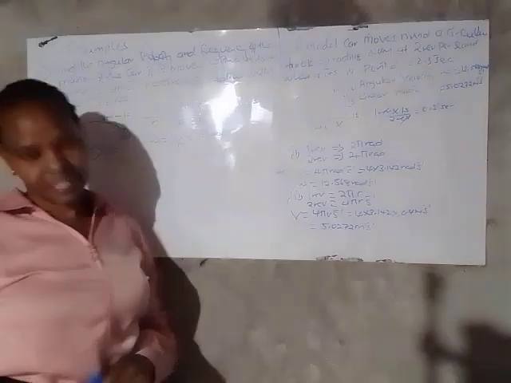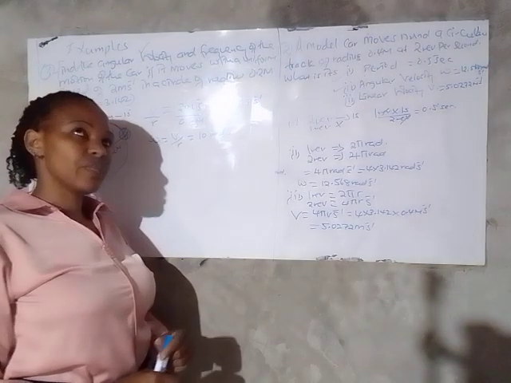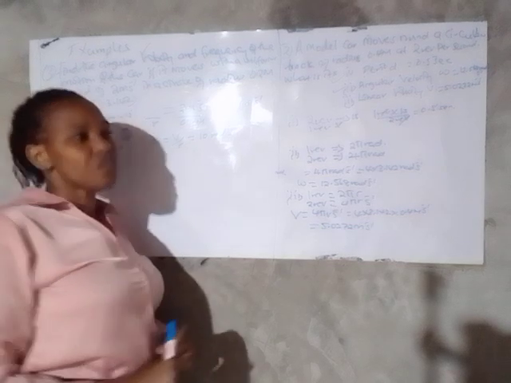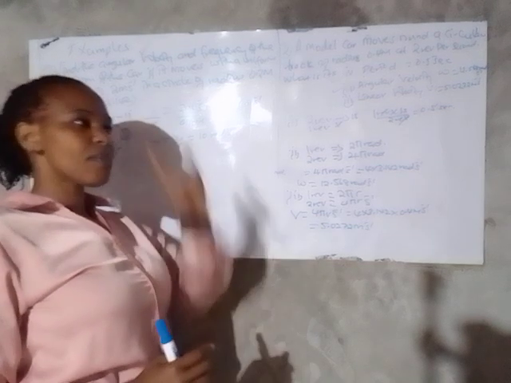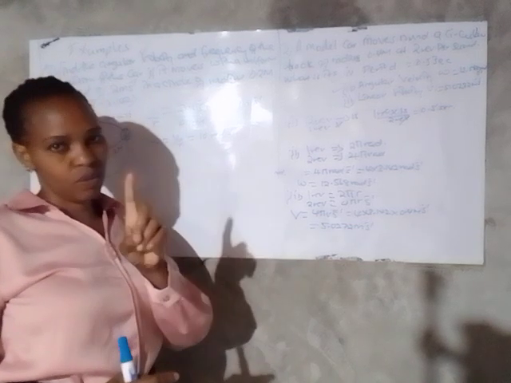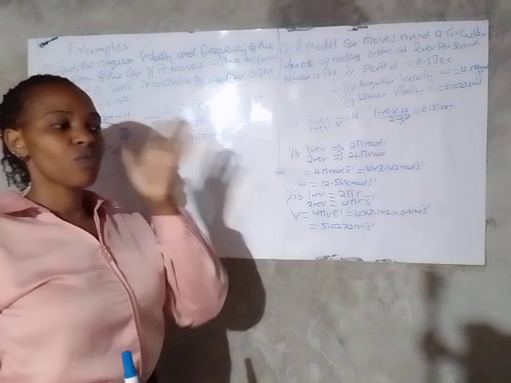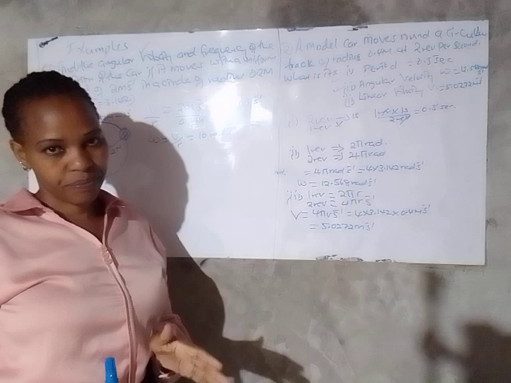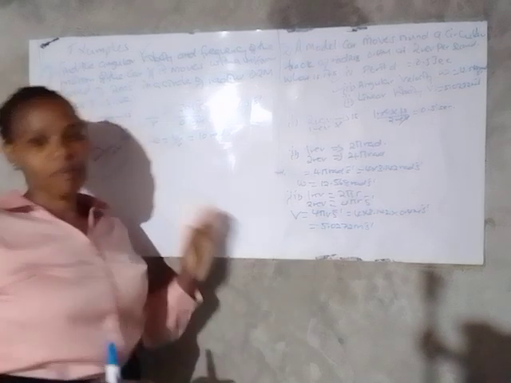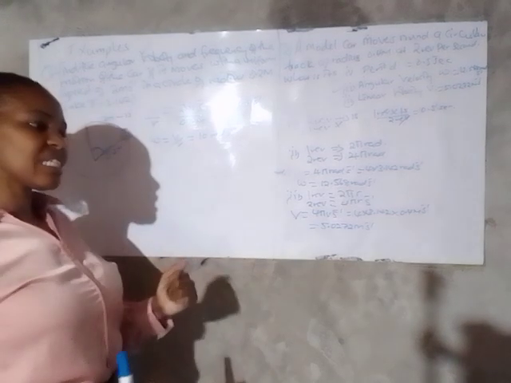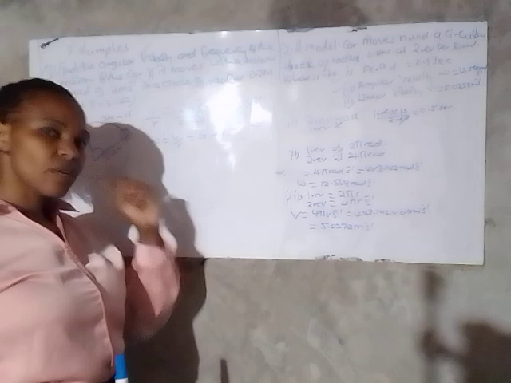And frequency. Now, what is frequency? Frequency is a measure of how many revolutions in 1 second. In terms of waves, you look at frequency in terms of wavelengths per second. In terms of circular motion, we'll be looking at frequency in terms of revolutions per second.